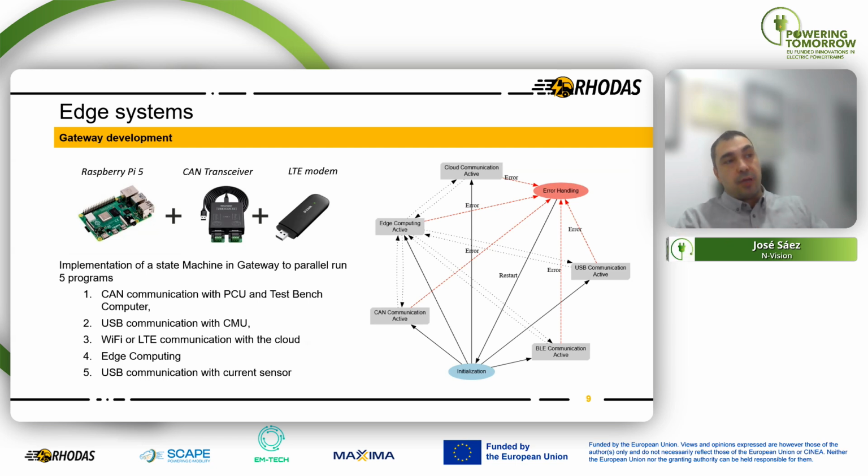We have the edge computing capabilities implemented directly on the Raspberry Pi, and finally the communication with the current sensor. Sorry, there's a small mistake here. It's not USB, it's Bluetooth Low Energy. So at the end, we have been taking profit of all the capabilities of the Raspberry Pi, which is not the most powerful device, but thanks to the implementation of this state machine, we have been able to implement all these functionalities on this device.